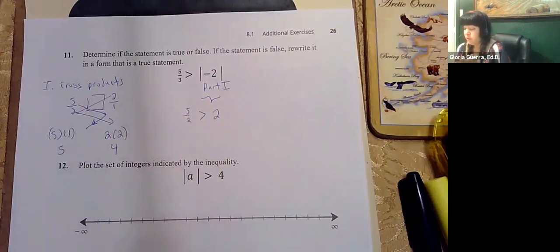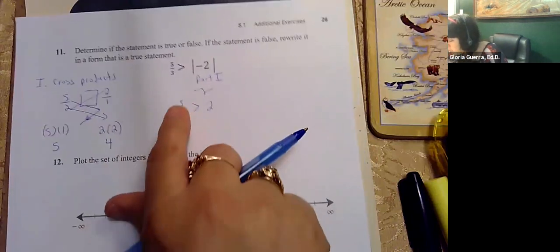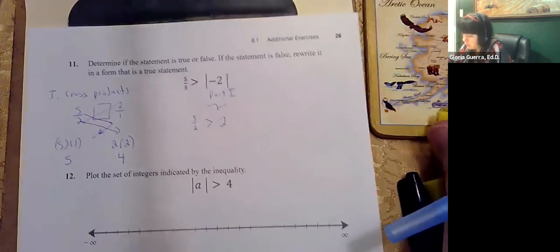Oh, and this is a 3. Sorry, that's a 3. So it's 5 over 3.